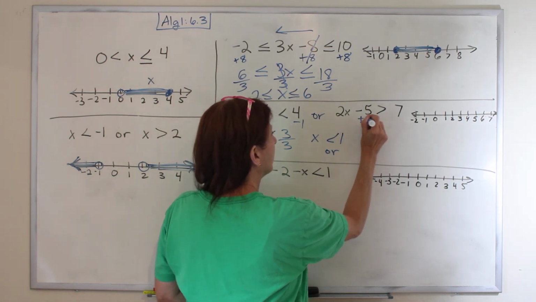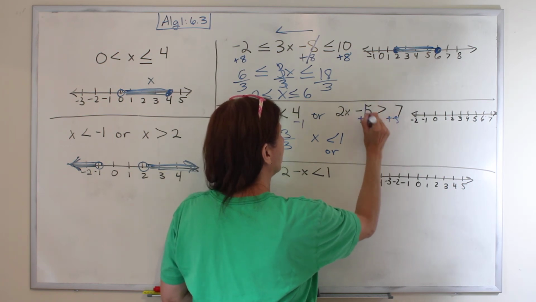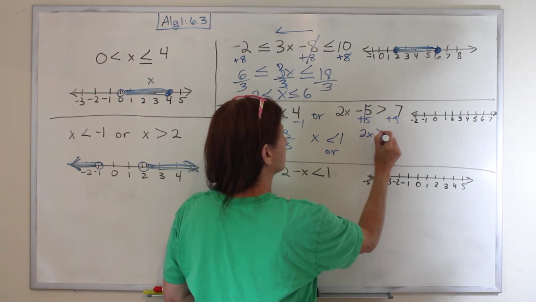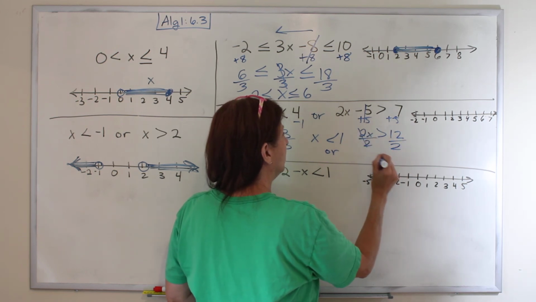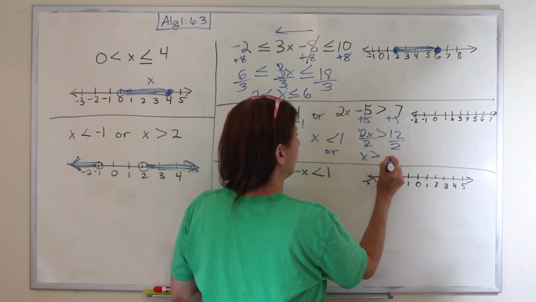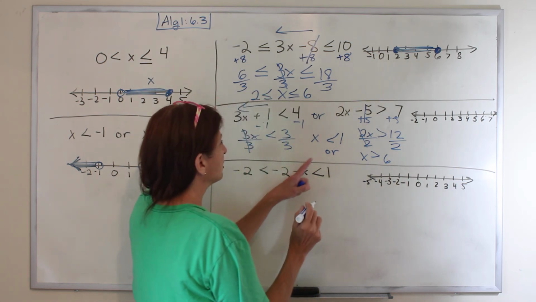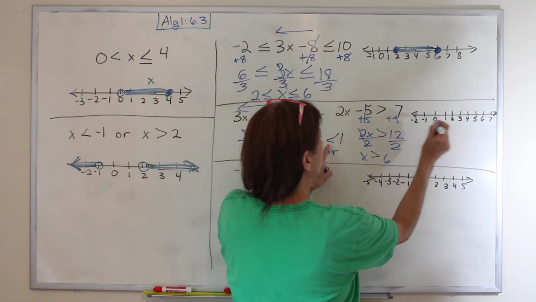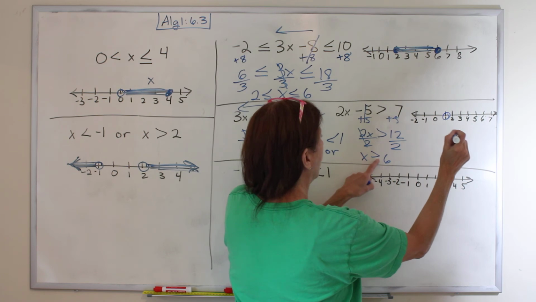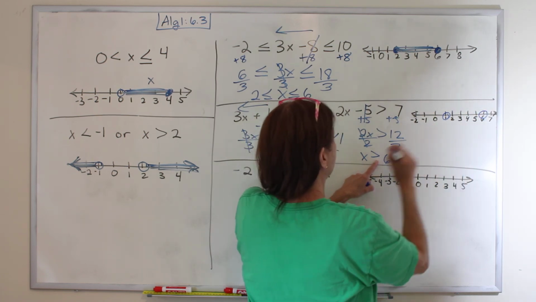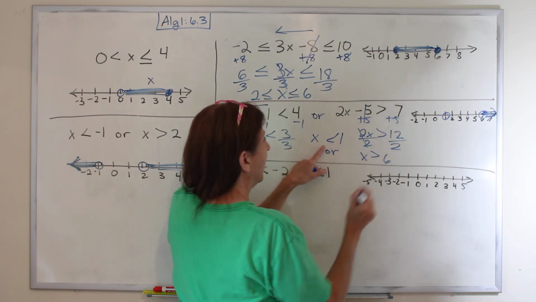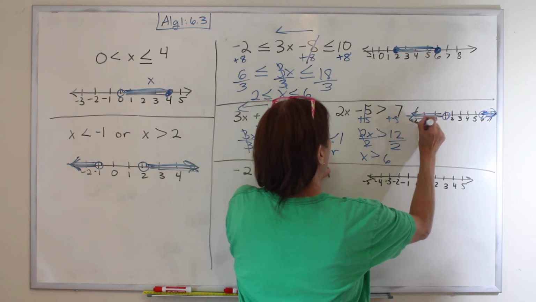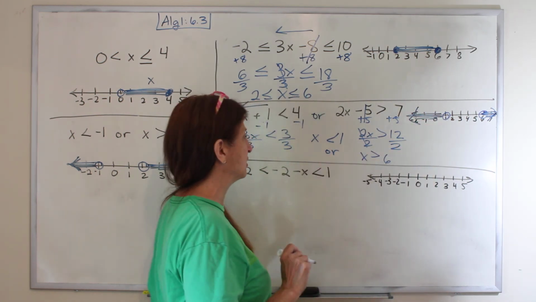Or plus 5, those cancel out. 2x is greater than 12, divided by 2, divided by 2. X is greater than 6. So we're going to put a donut at 1 and a donut at 6. X is greater than 6, we color that part. X is less than 1, we color that part.